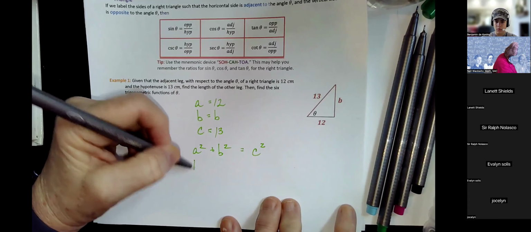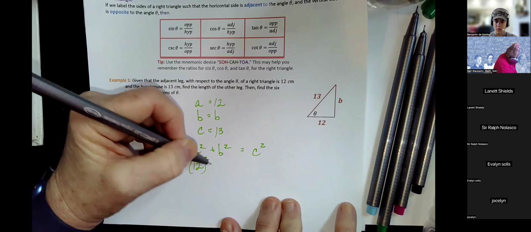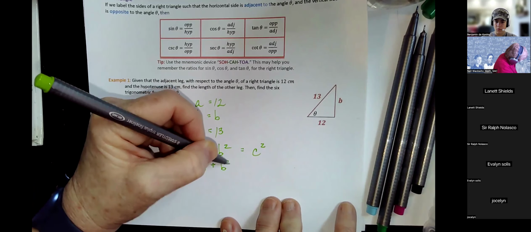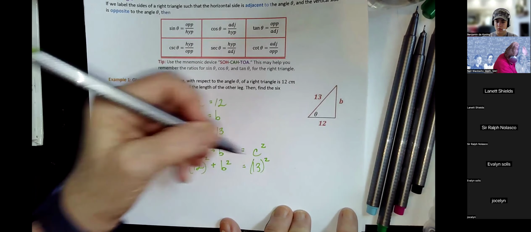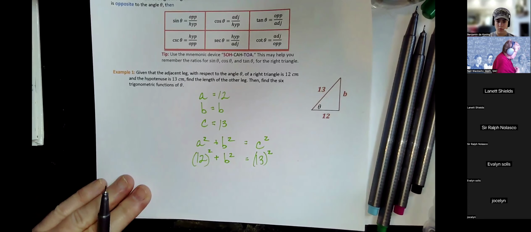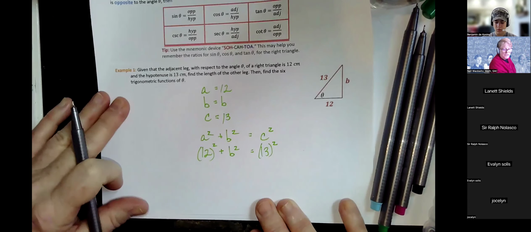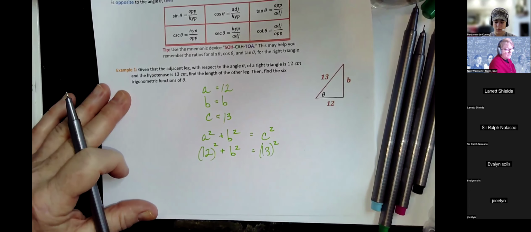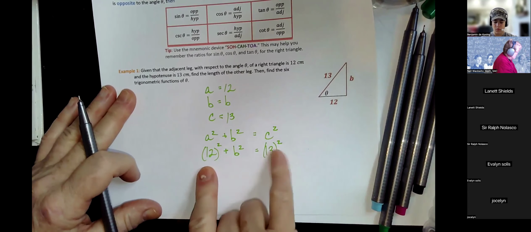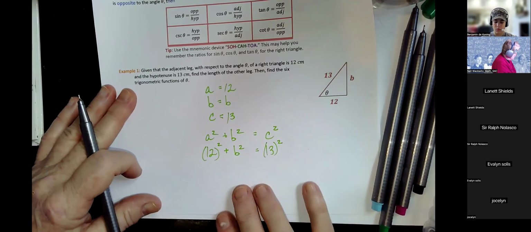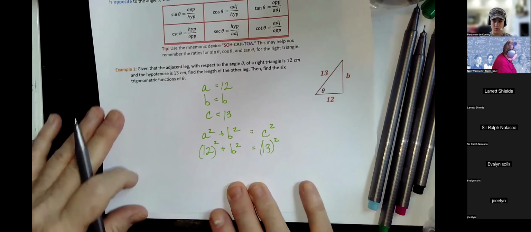So that means I've got 12 squared plus B squared equals 13 squared. For our class, it's really helpful to know perfect squares up to 25, and definitely up to 13, well, 15.